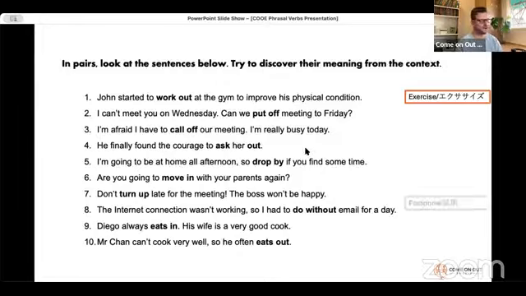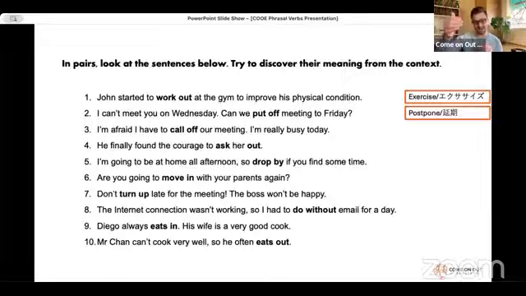So put off means to postpone or to move your meeting or appointment to a later time or a later date. Very important. This is not an earlier time or earlier date. It's always a later date or later time. That's put off, meaning later than we planned.